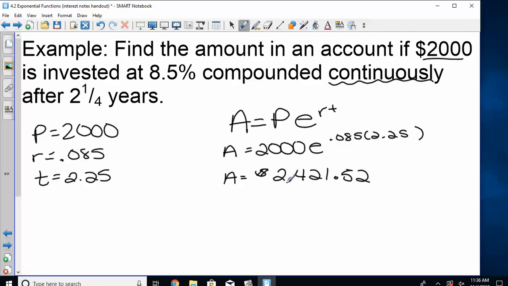We get $2,421.52. Are there any issues with this stuff?